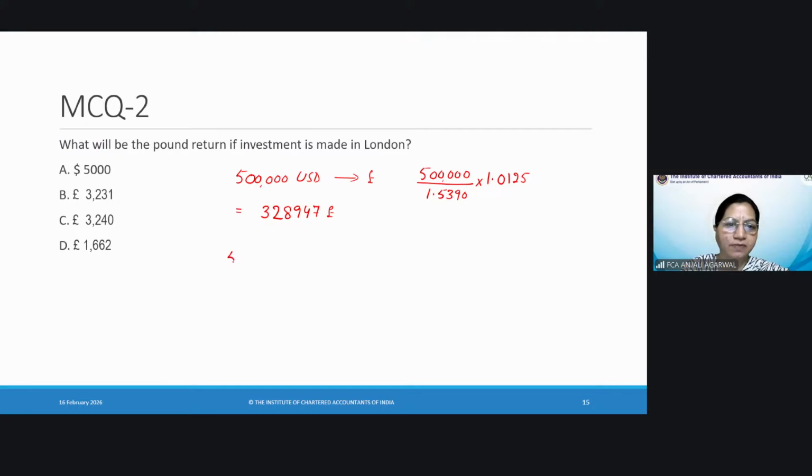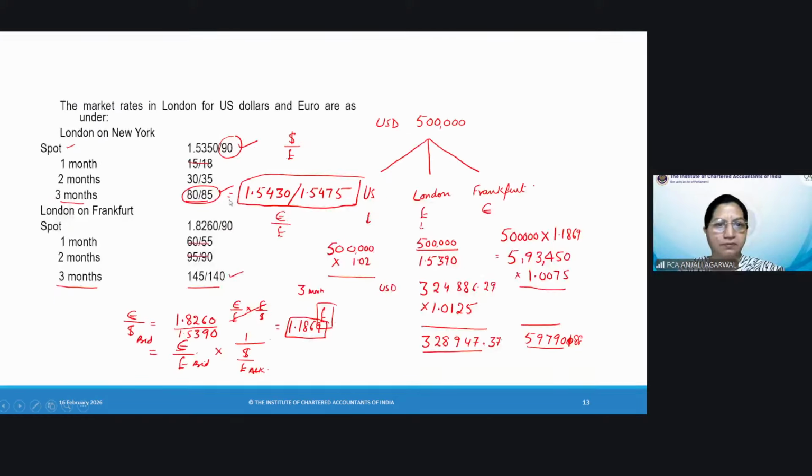Now you have to repay the dollars with interest, 5,000. So let's convert to repay the dollars. What is the cost? You need to pay dollars. That means you need to buy the dollars, that means sell the pounds.